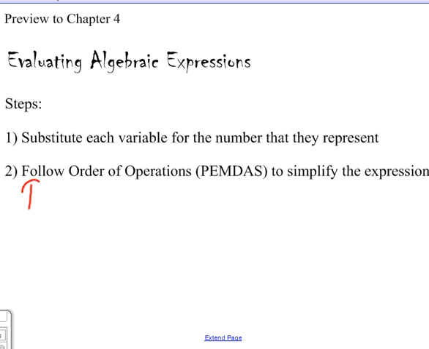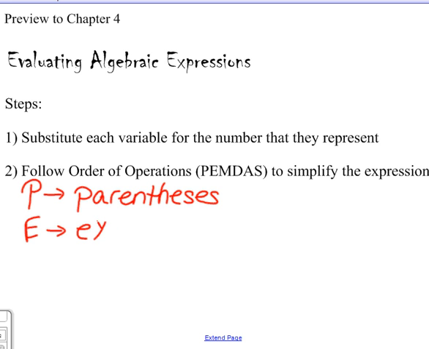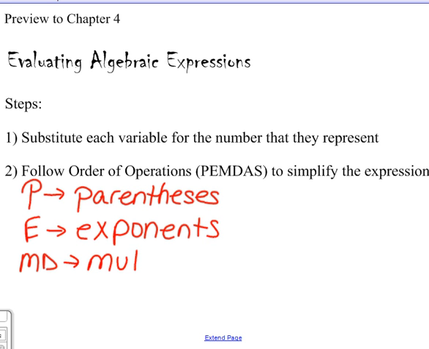Just to refresh your memory, the P stands for parentheses. The E stands for exponents. The M and the D stand for multiplication and division.